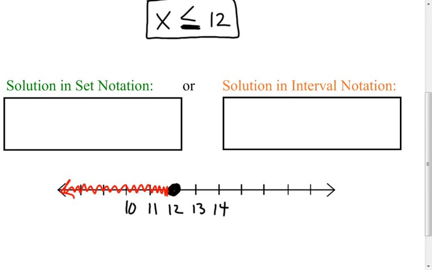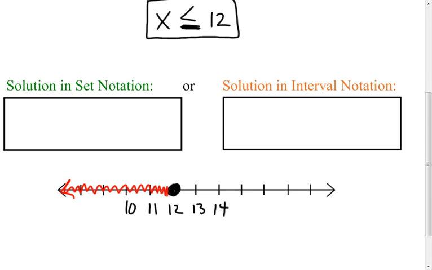If you have not figured out yet, as long as you have this solved so that your x is on the left-hand side of this inequality, you will always shade the direction the arrow is pointing. The arrow points to the left, I will shade to the left. However, you need to be careful because if I had that, then I am not shading the direction the arrow is pointing. That little trick only works when your x is on the left.